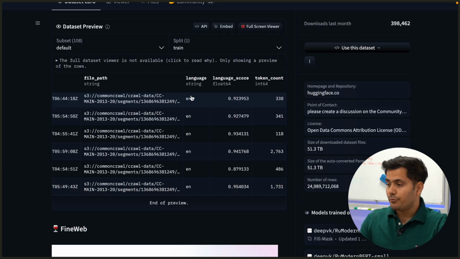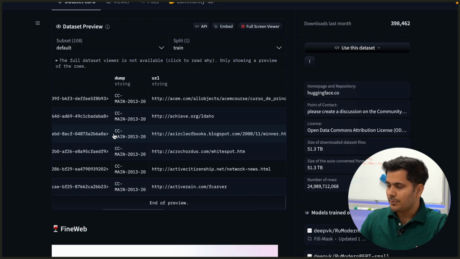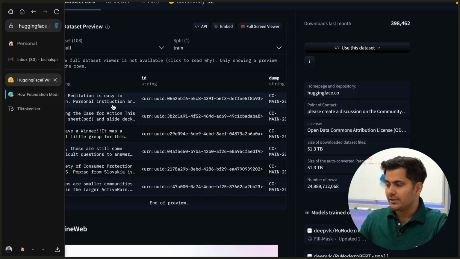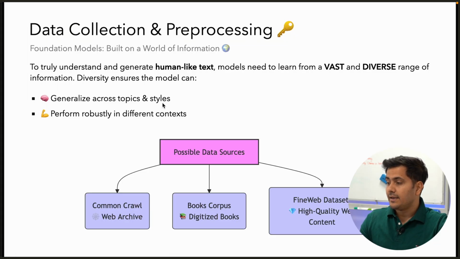So language is really important, which we will look into a bit later on as well. That was an example of one of the data sets that could be used. Essentially, during this process, what we need is as much data as we can get our hands on, because, like I said, one of the three parameters of a foundation model is the data that it was trained on.